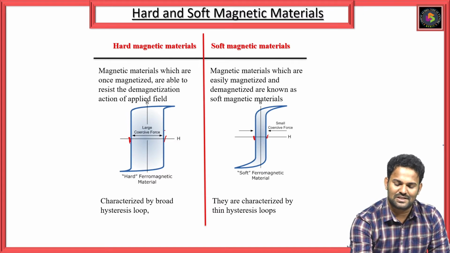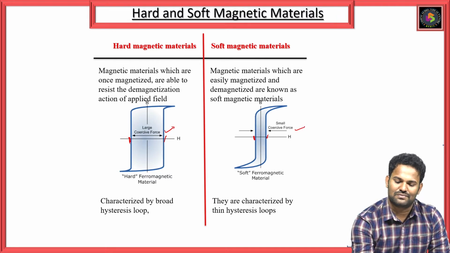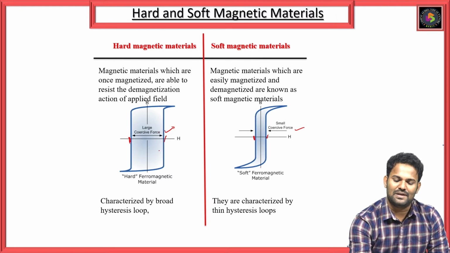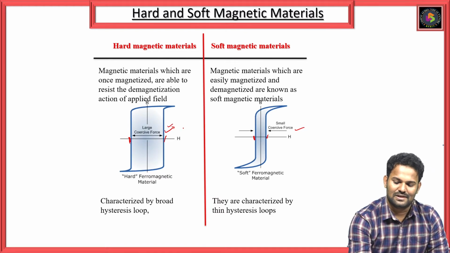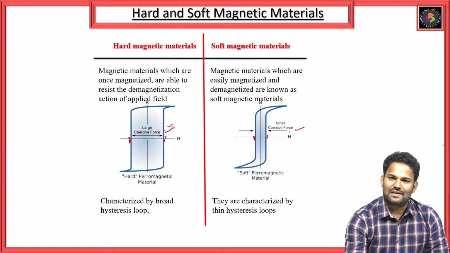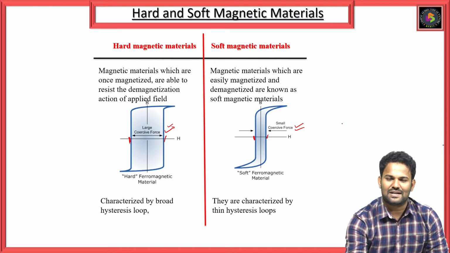This means one has a large coercive force and the other a small coercive force. In the BH curve diagram, the material showing a large coercive force is known as a hard magnetic material. Similarly, in the BH curve diagram for ferromagnetic materials showing a small coercive force, we can say they are soft magnetic materials.